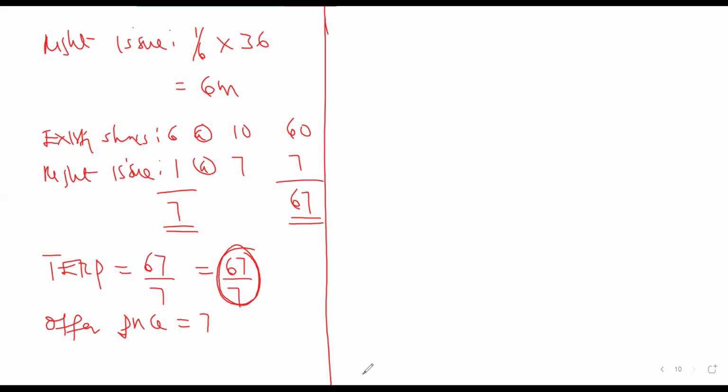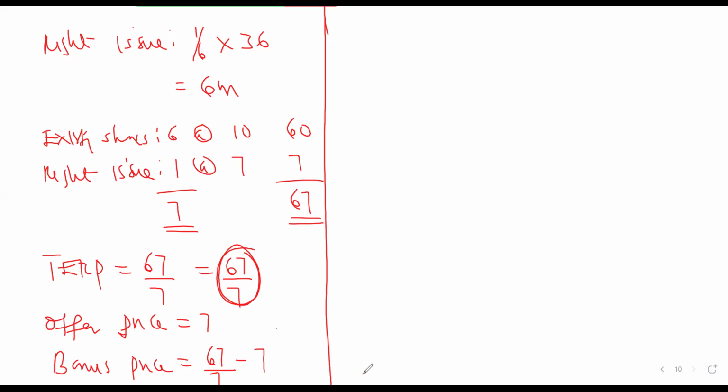It will be the bonus issue price. The bonus price will be 67/7 minus 7. What are we having? 18/7. 18 over 7.